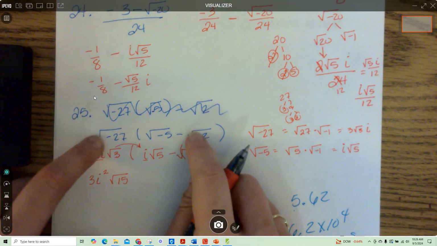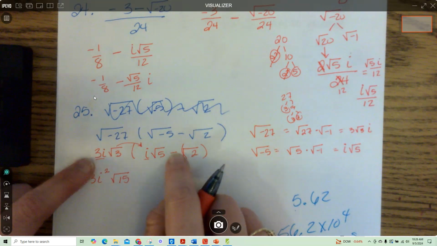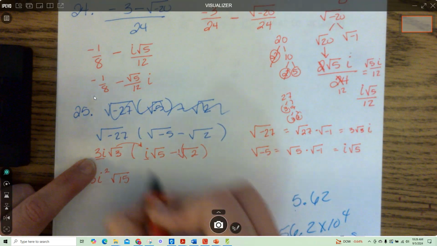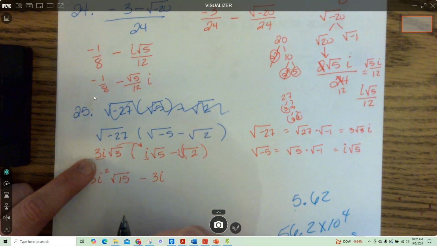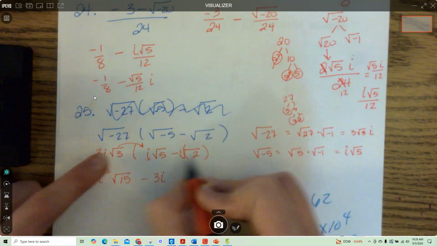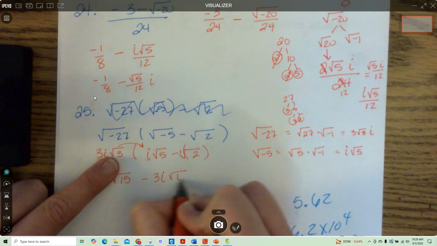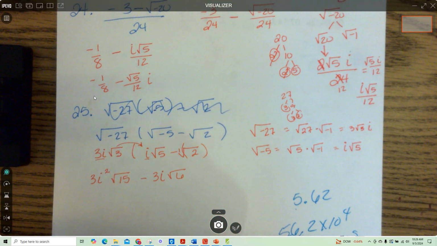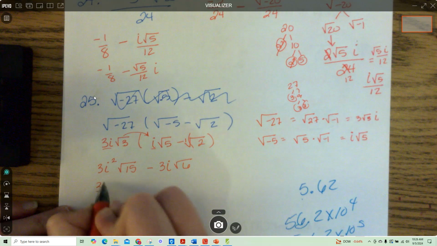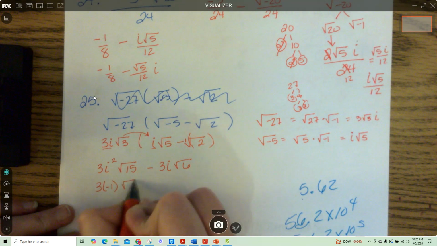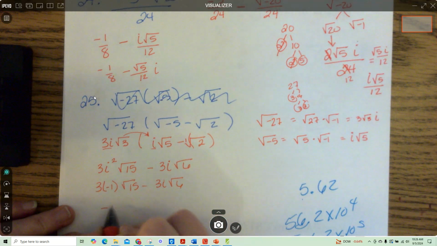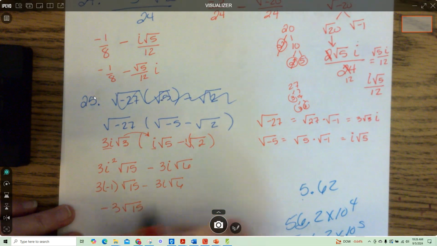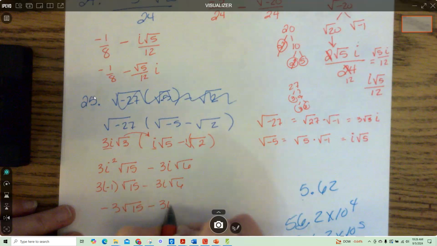And so then this one would be, again, there's an invisible 1 here, so negative 3i, and then square root of 3 times square root of 2 is square root of 6. i squared is a negative 1. So that would be a negative 3 times the square root of 15 minus 3i square root of 6.